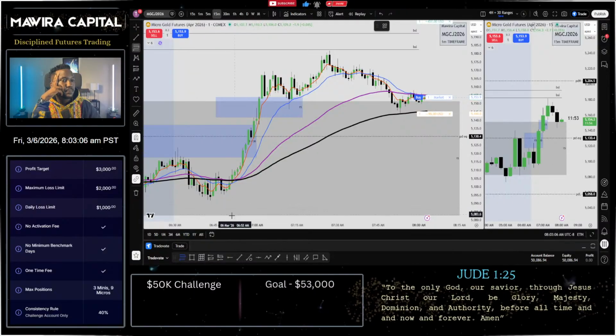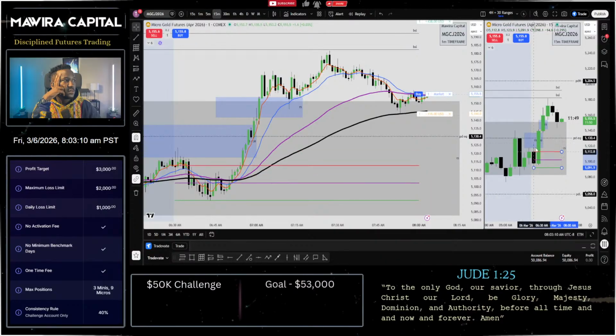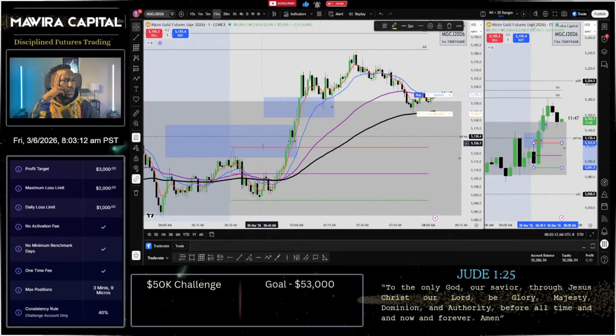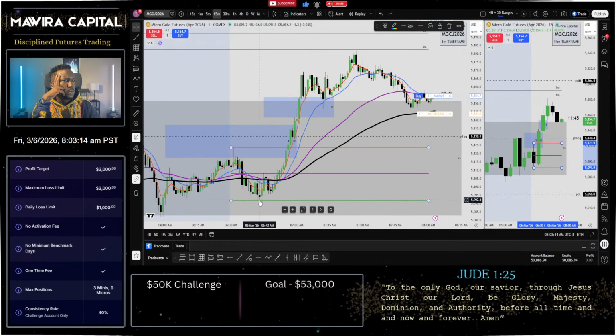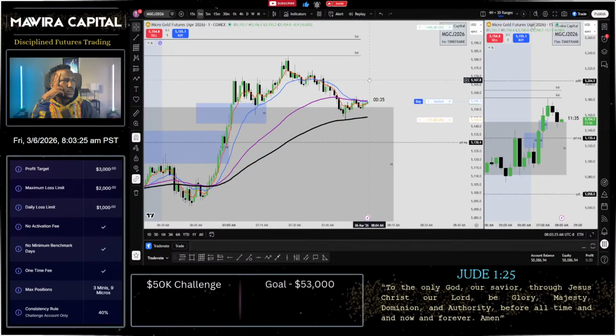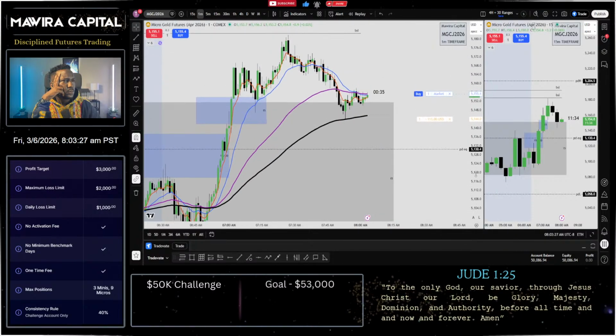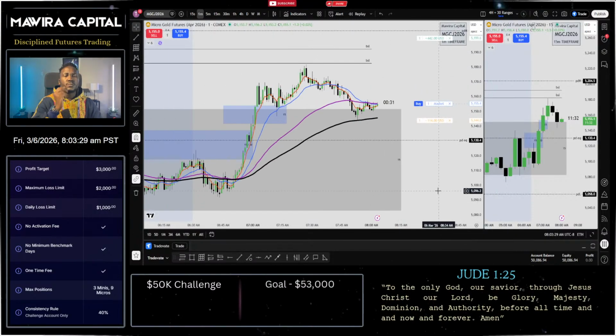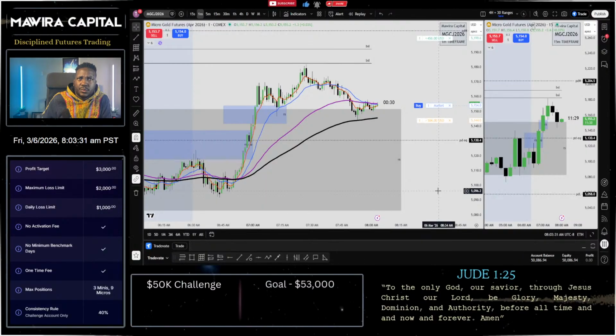ORB. 6:30 to 6:45. Look at that breakout, bro. Poof, entry. Wonder if we should go that route.